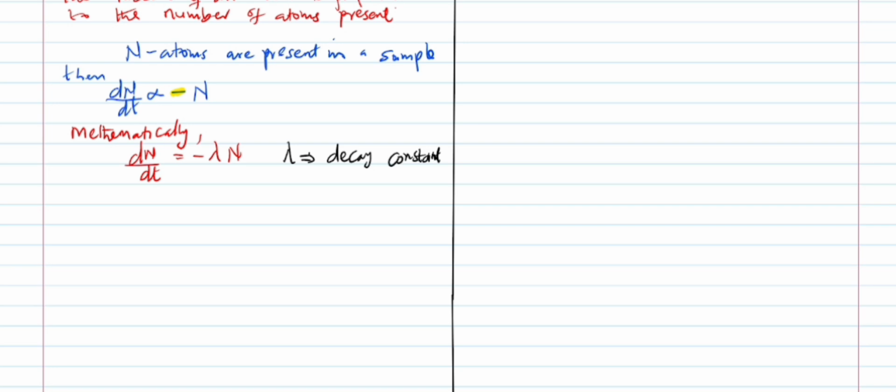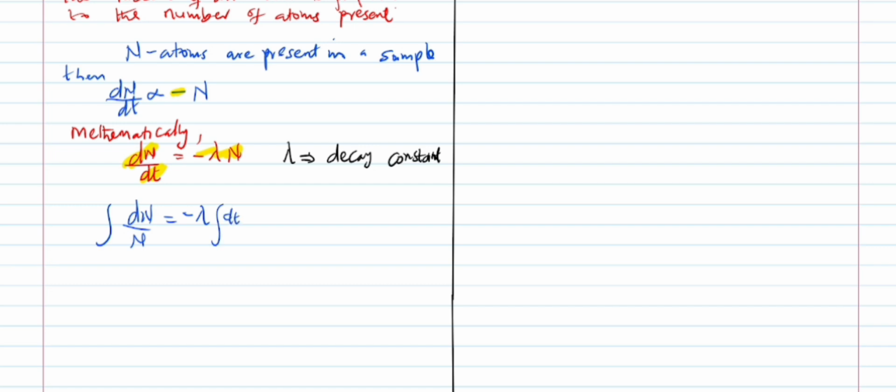Now what we're going to do is integrate what we have here by separating the variables. So I'm going to have the integral of dN over N equals minus lambda, the integral of dt.